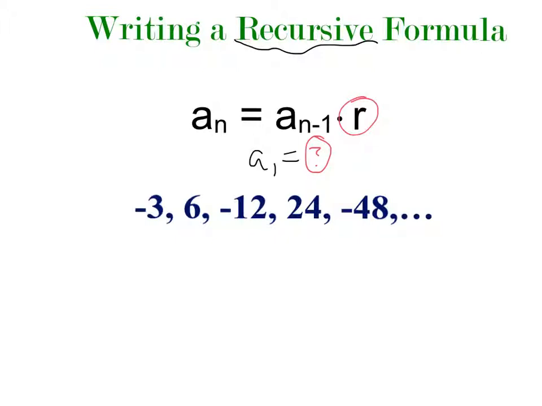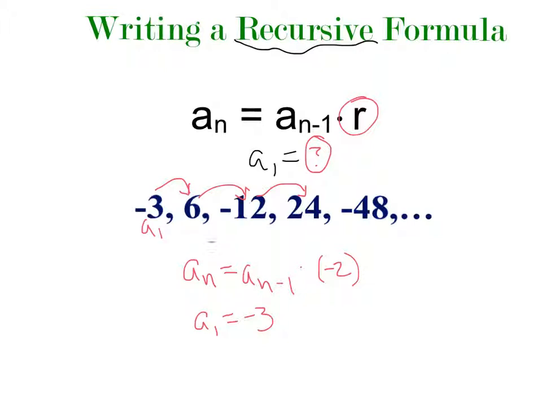So as we said, R in this case, the number we keep multiplying by is negative 2. So I would fill in negative 2 for R. And I have to identify what A1 is. In A1, we can clearly see the first term in the sequence is negative 3.